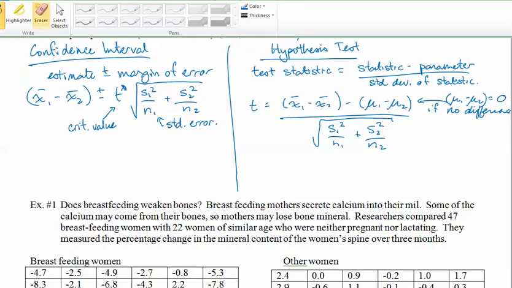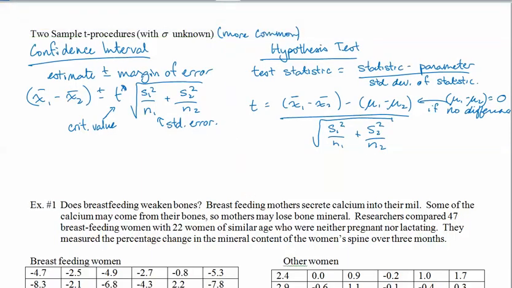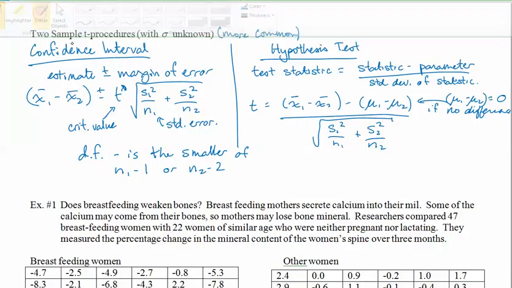One thing we do need to note here is the degrees of freedom. For both of these, it is the smaller of N1 minus 1 or N2 minus 1.